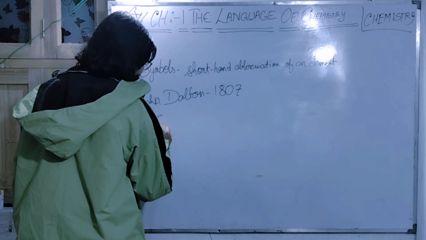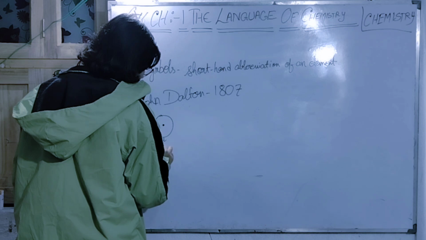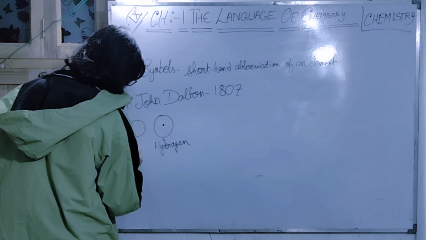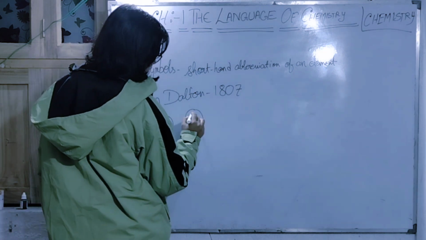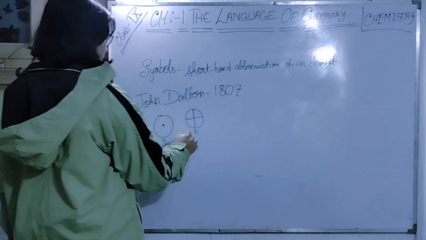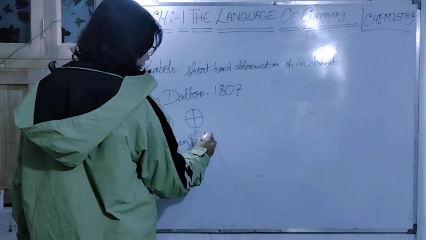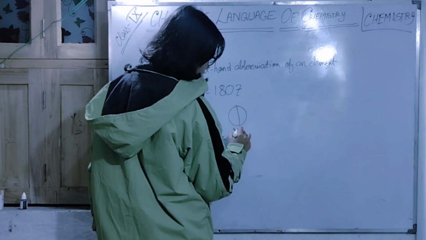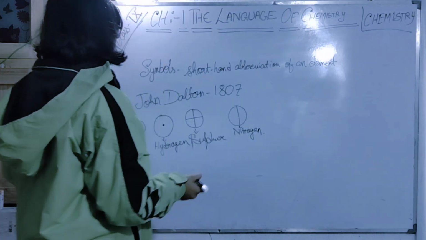He drew some figures like this one as hydrogen, this one as oxygen, this one as sulfur, and this one as nitrogen.